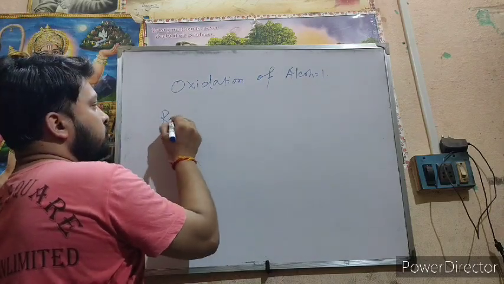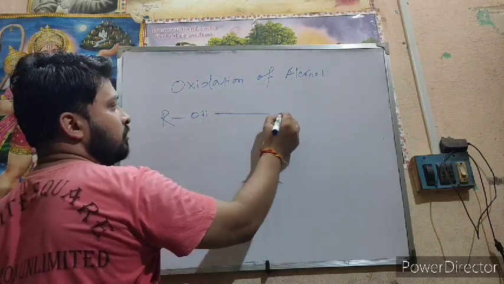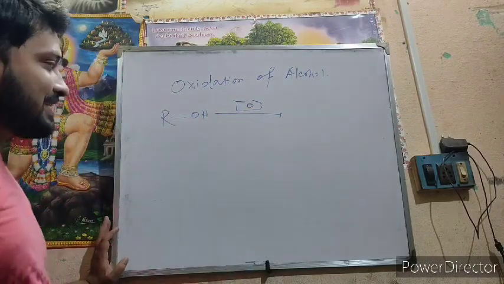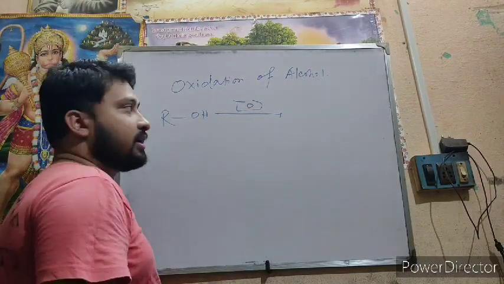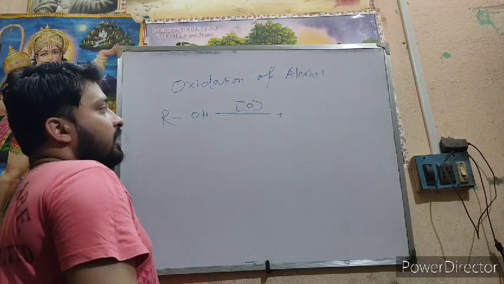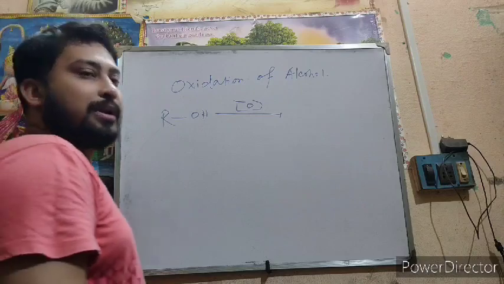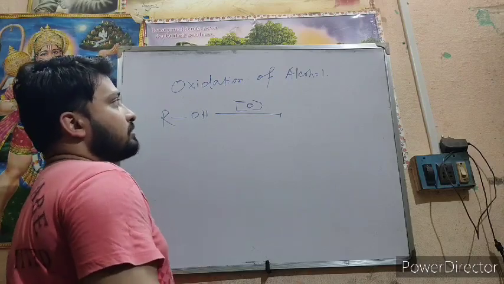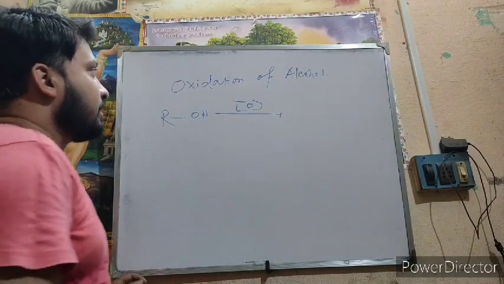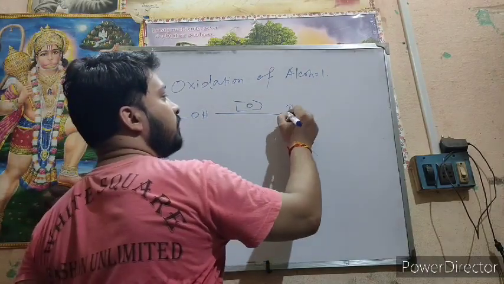If you oxidize with an oxidizing agent, you may use Jones reagent, PCC, or K2Cr2O7 and H2SO4, some oxidizing reagents.